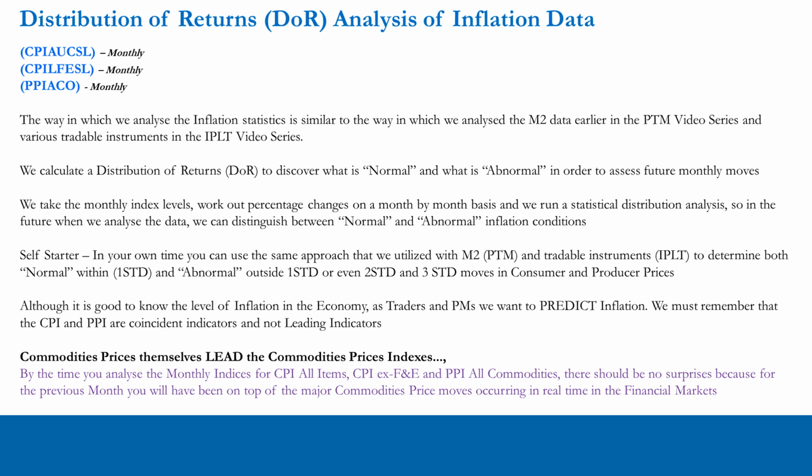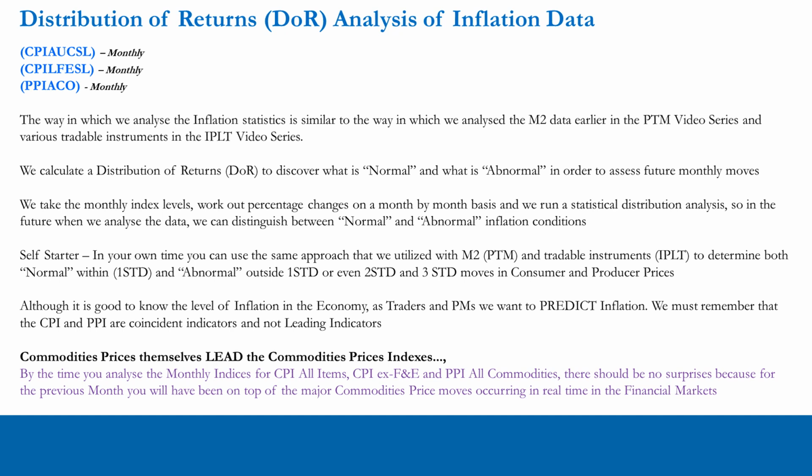So we take the monthly index levels that are reported by the BLS throughout history, and we work out percentage changes on a month-by-month basis. And then we run a statistical distribution analysis. So in the future, when we analyze any inflation data releases, we can distinguish between what is considered to be a normal move and what is considered to be an abnormal move for inflation.